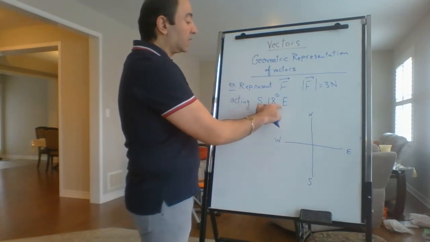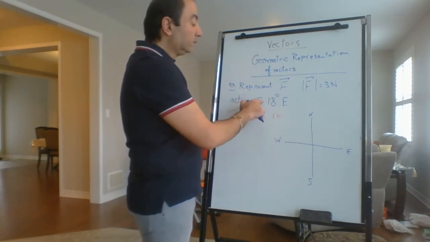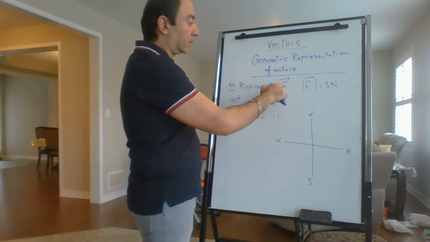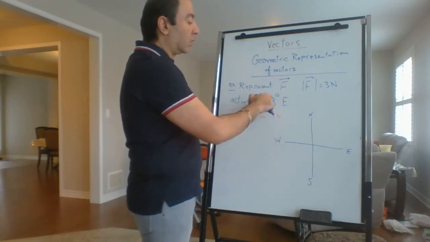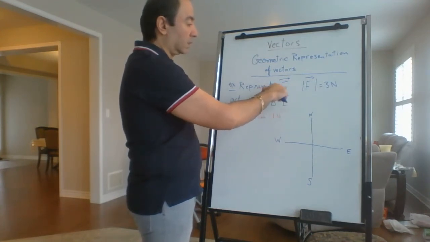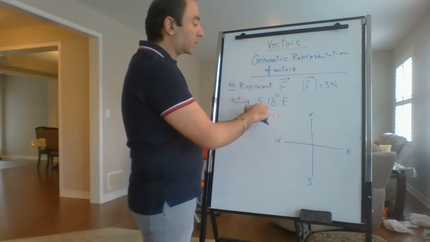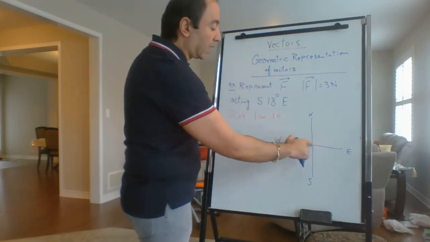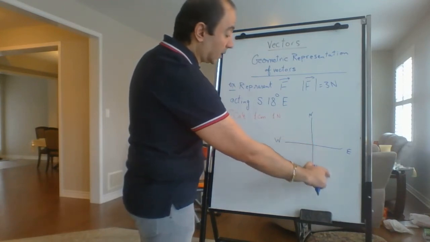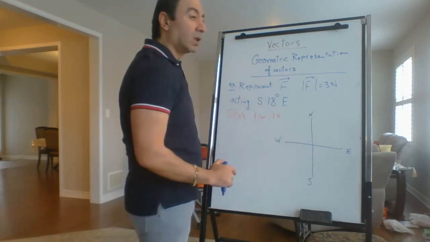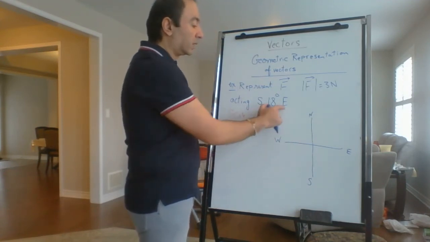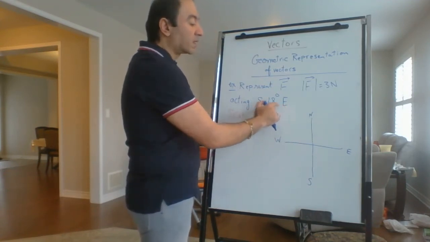So south 18 east, that means the line we are going to draw, or the vector that represents the force, making 18 degree with the south. So I have to draw an arrow in this direction or in that direction. Which direction should I go? The second letter here tells me where I should go.